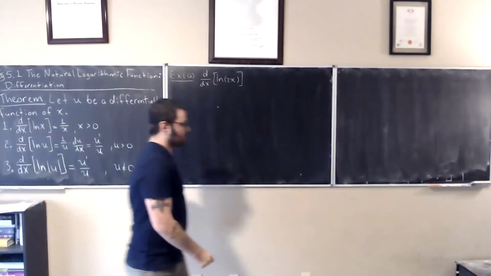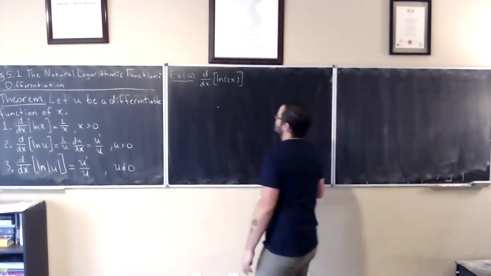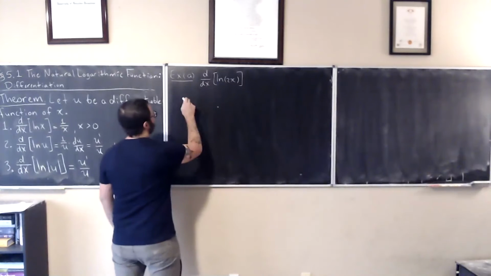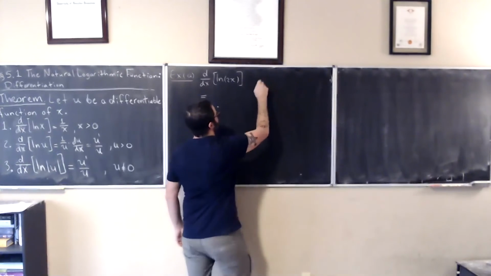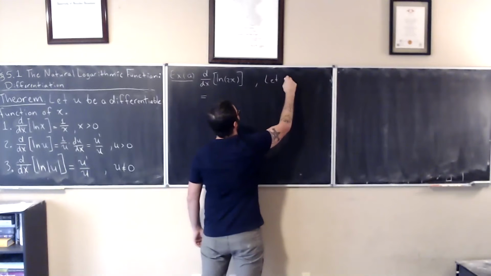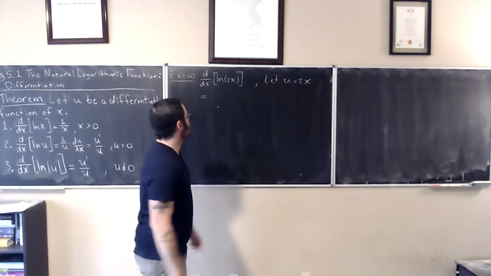Okay, so here, if you want to write out every step, you can say, let u equal 2x, and that is a differentiable function of x.